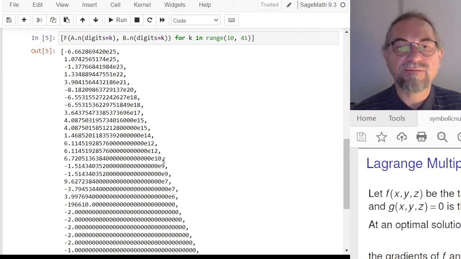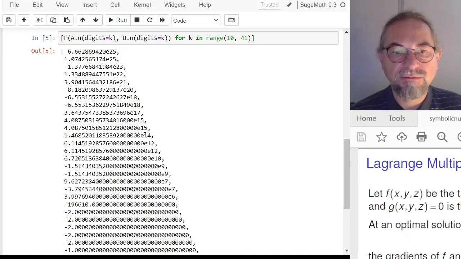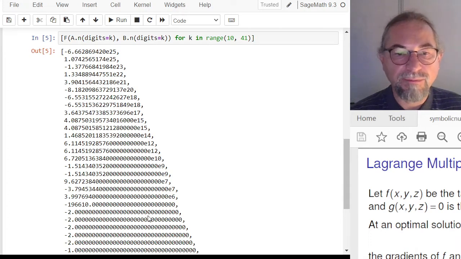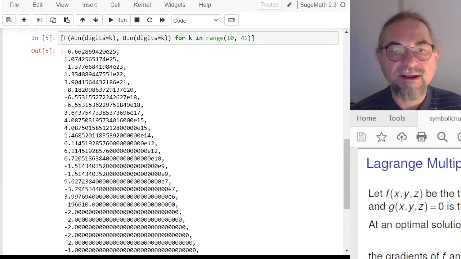But then here we have another, well, no, I'm sorry. So there is 6.11, but there is a drop here from 10 to the power 12 to 10 to the power 10. But what is really troubling is the plateau at -2. So there we have 4 or 5 consecutive values that are the same.